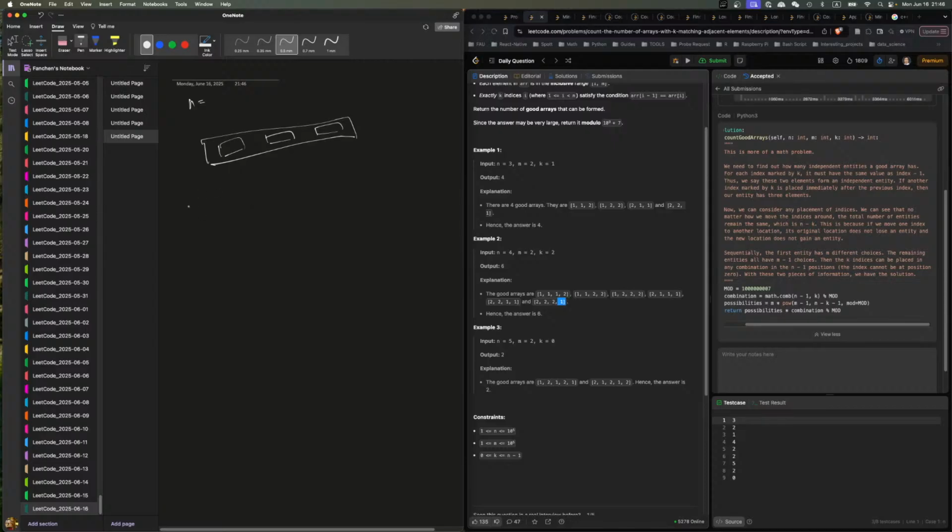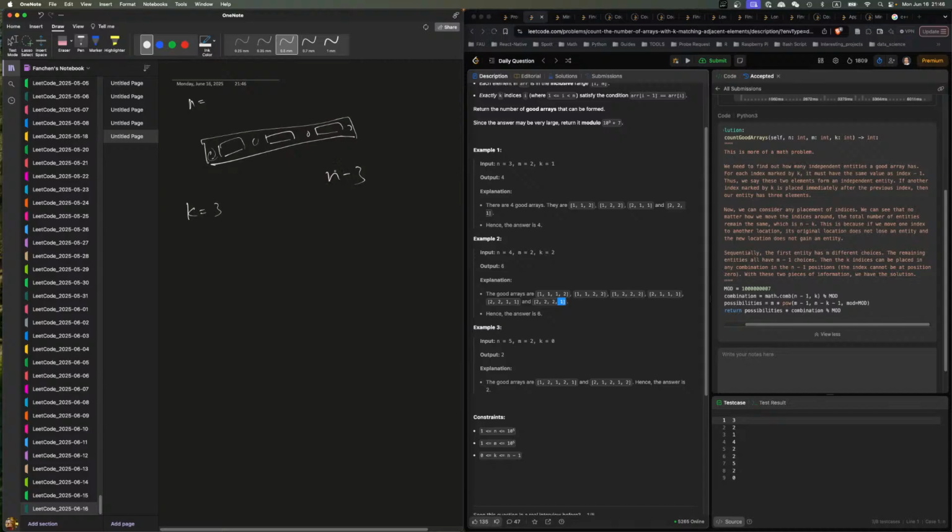Okay, so k equals 3. So initially I have n minus 3 entities. So we can just use n equal to whatever. And I just call this 1, 2, 3, 4, 5, 6, 7. Yeah, we have 4 in between, right?